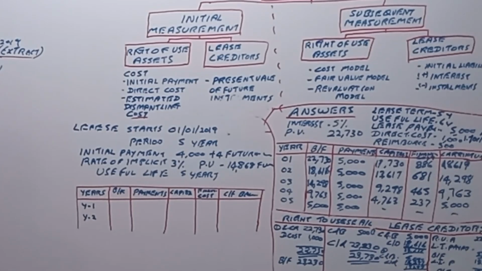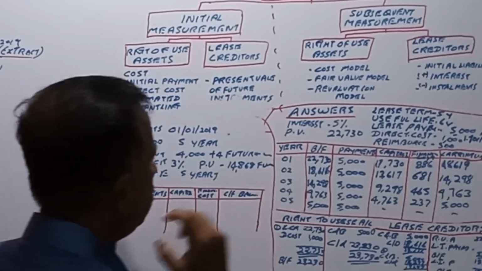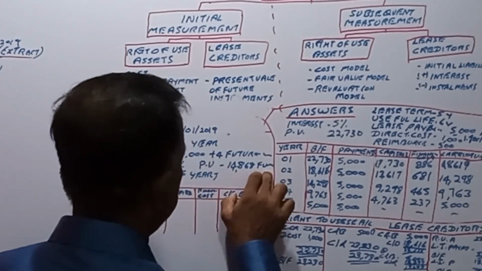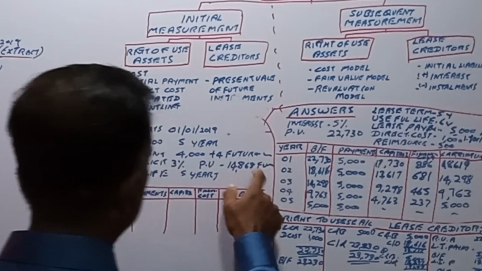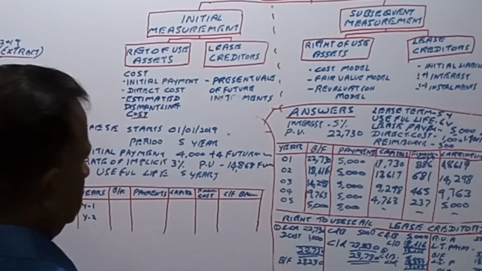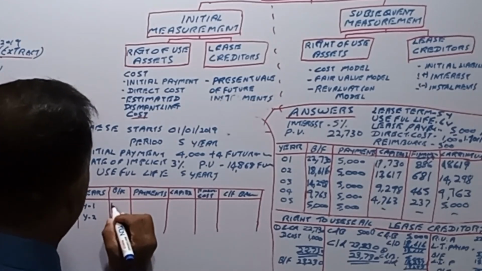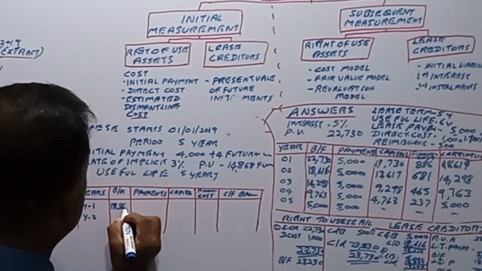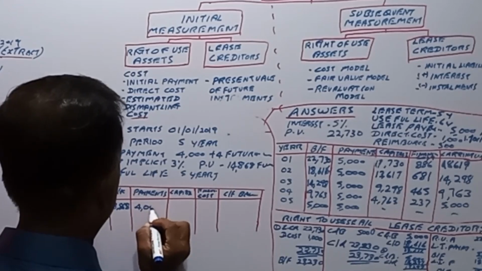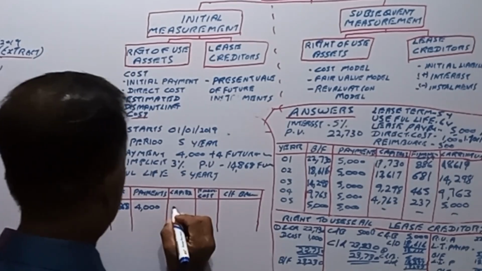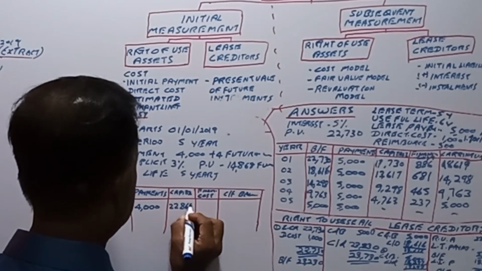The rate implicit is 3%, and the present value of the future lease payments is 14,868. Since we paid an initial installment of 4,000, we add 4,000 to 14,868. So the brought forward balance is 18,868. Payment is 4,000, which leaves 14,868.